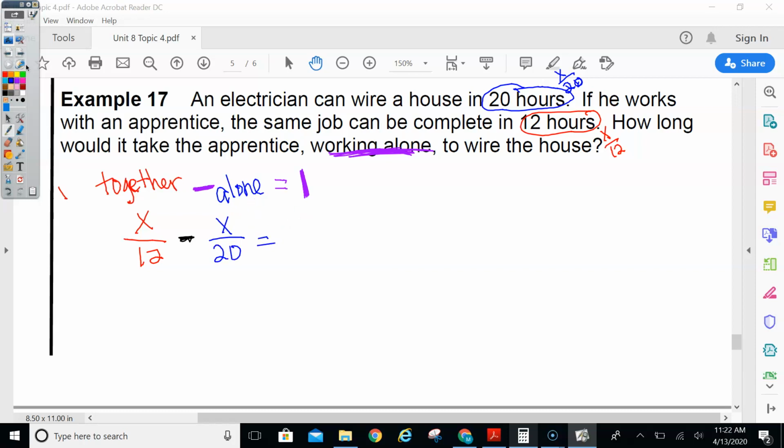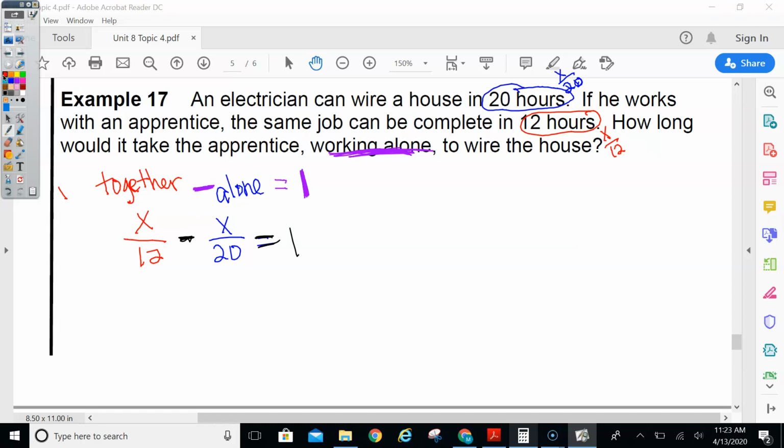So when you want the alone time, how long does it take them to do the job alone? You're going to subtract. And you always subtract with the smaller denominator first, because the smaller denominator means a bigger fraction. Okay, so if we look at these multiples, we're trying to find the least common multiple between these two.